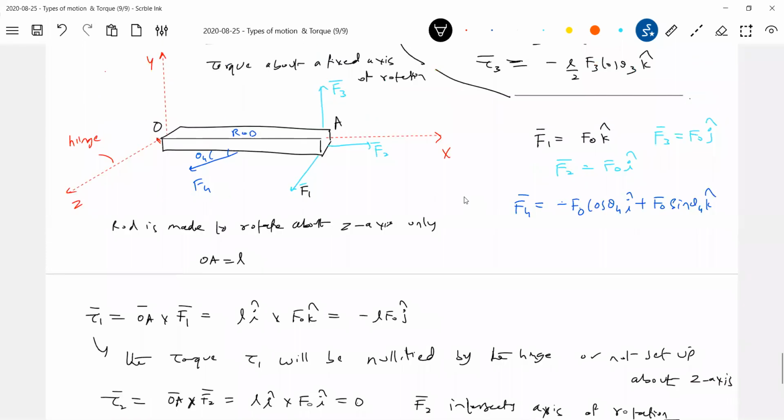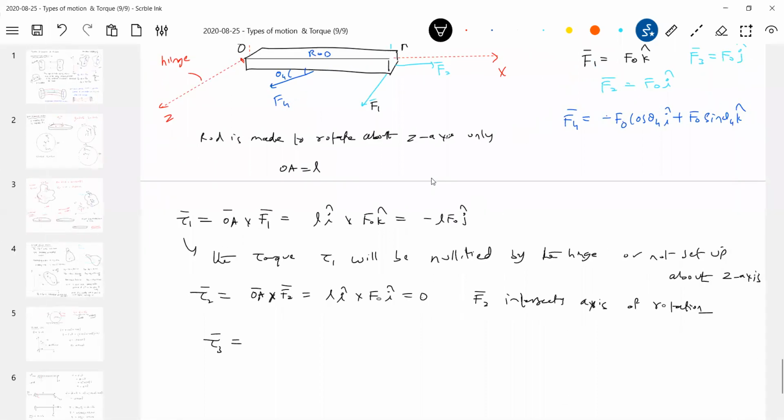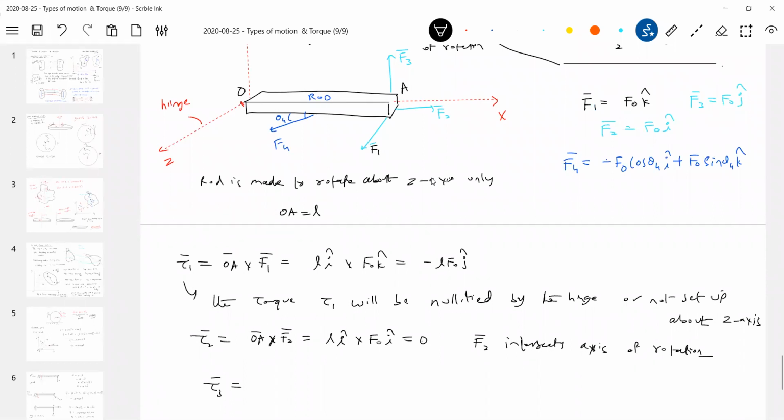Now let's come to F3 bar. What is the problem with F3 bar? We'll check it. F3 bar is acting along the y-axis, no? So now torque. I'll minimize the diagram. Okay, try to see it. Torque due to force F3 should be equal to OA bar cross F3 bar.